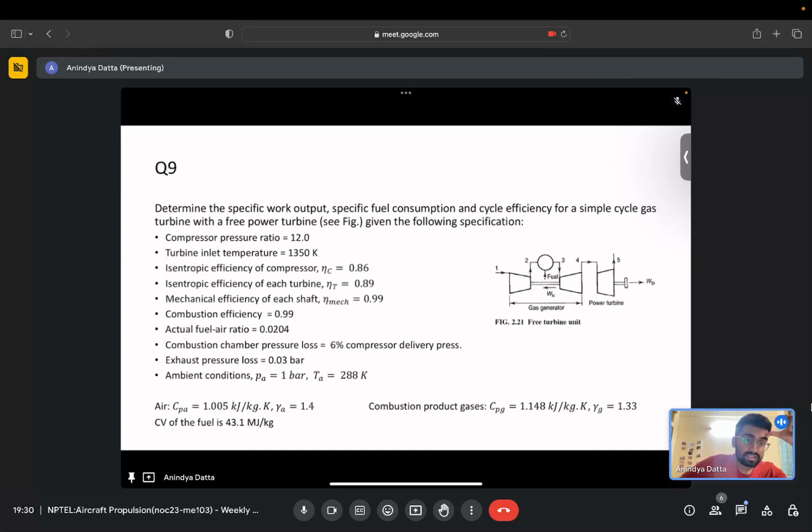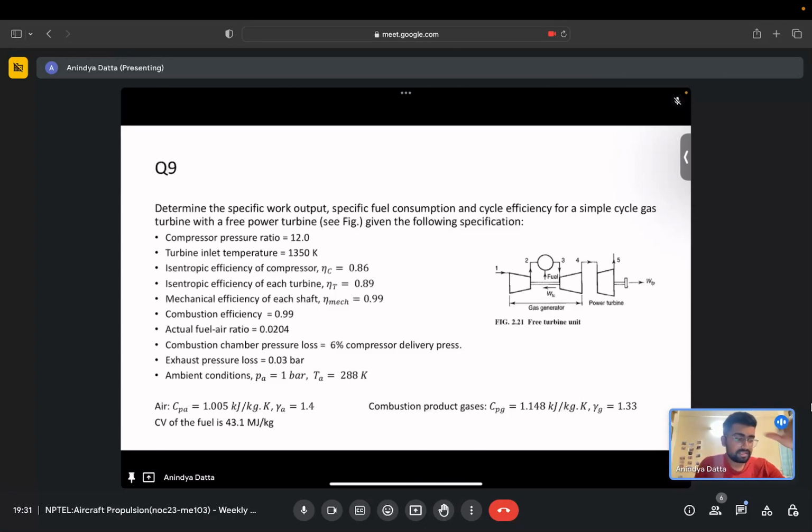Is this arrangement clear? In this case, the output from the high pressure turbine, or the first turbine stage, will entirely go into running the compressor, and the work output from the other turbine, that is the net work output from the cycle, goes into running the generator for this power plant.